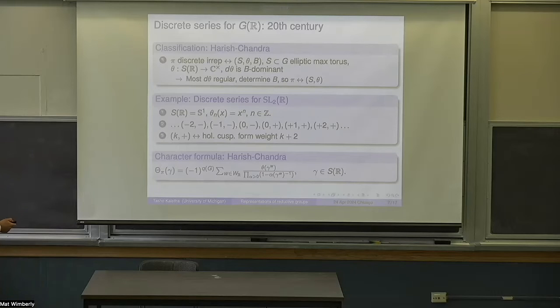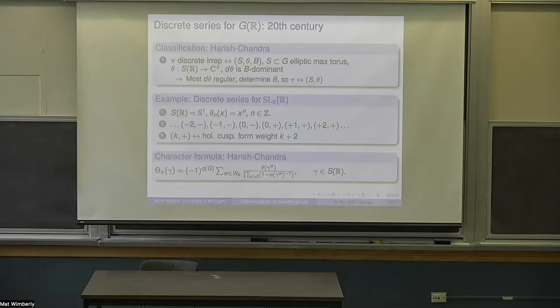And this is what the formula looks like. I won't go through the bits and pieces now, but I just want to emphasize one qualitative nature of it. It's a sum over elements of the Weyl group, up to some plus minus constant here.